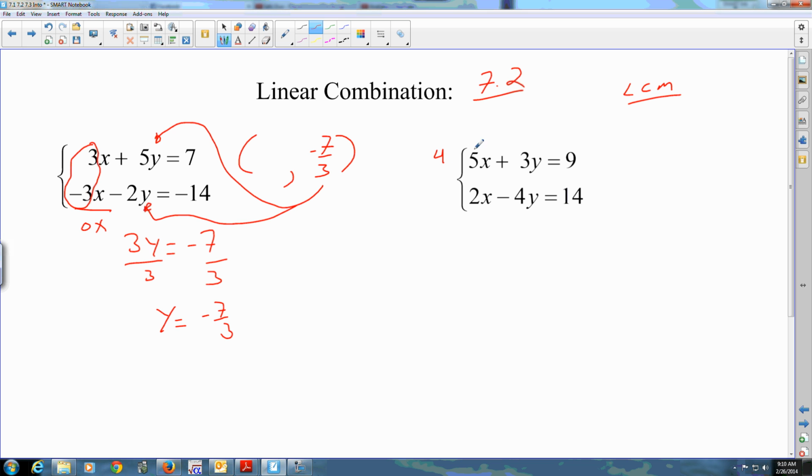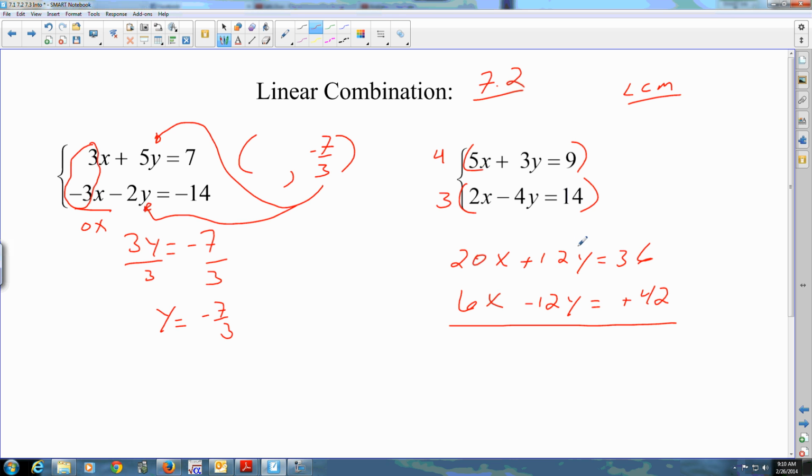So I'm going to multiply the entire top equation by 4 and the entire bottom equation by 3. So I get 20x plus 12y is equal to 36, and the bottom becomes 6x minus 12y equals positive 42, sorry about that. That'd be 30 and 12 is 42.